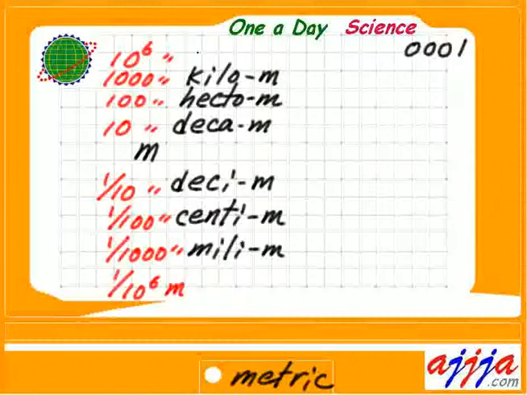On the top, the big number, 1 million meters, we call mega. You remember this, right? Megameter. What about 1 millionth of a meter? We call micro. Micro means small, or 1 millionth.